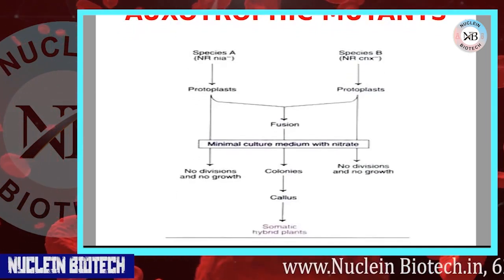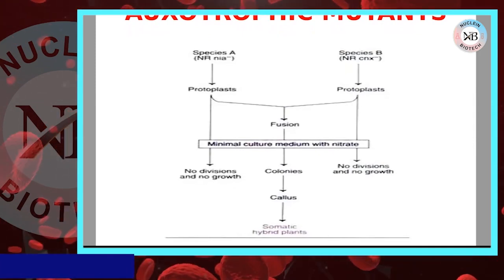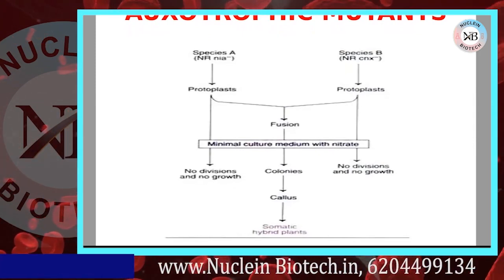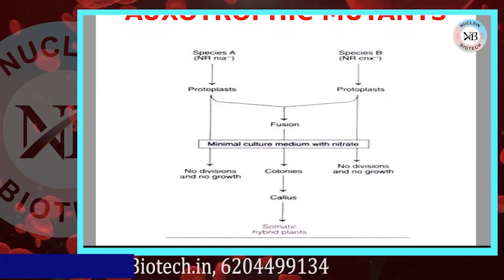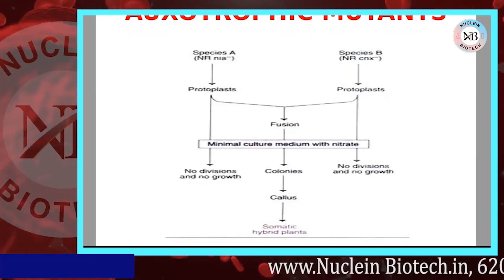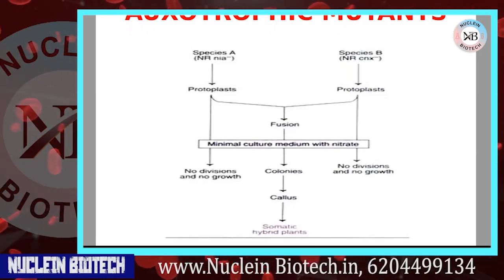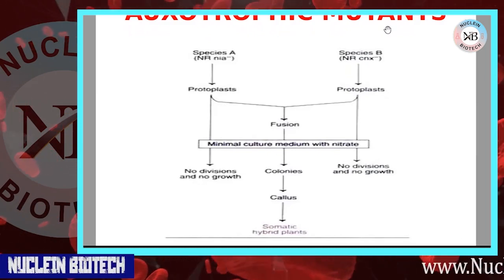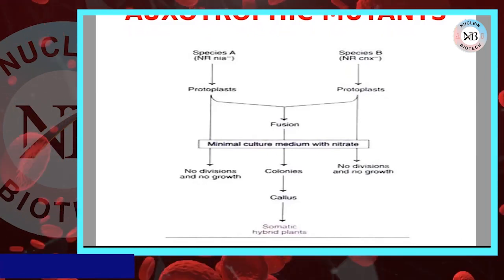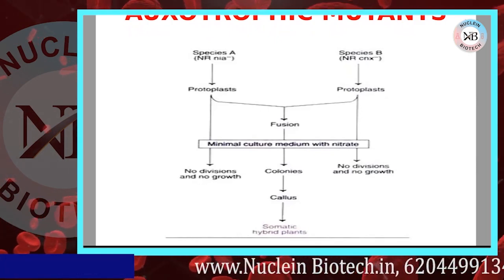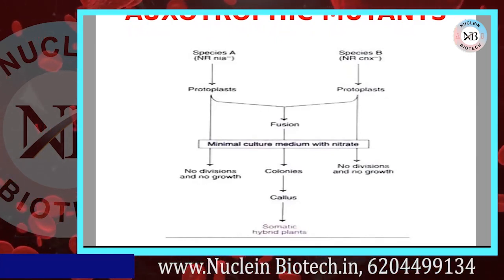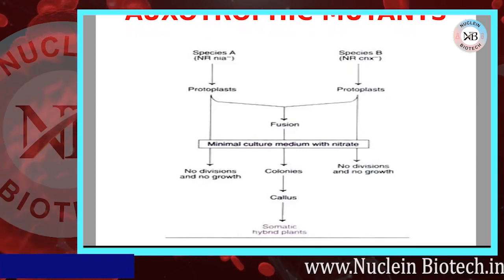This facilitates the visual identification of heterokaryons under a light microscope. The heterokaryons are bigger and green in color, while the parental protoplasts are either small or colorless. Further identification of these heterokaryons has to be carried out to develop the specific hybrid plant.